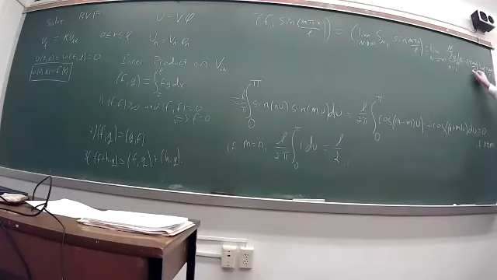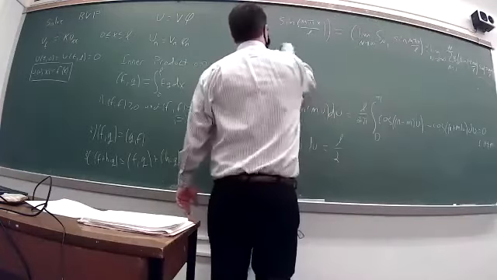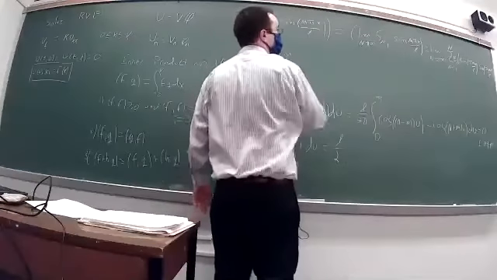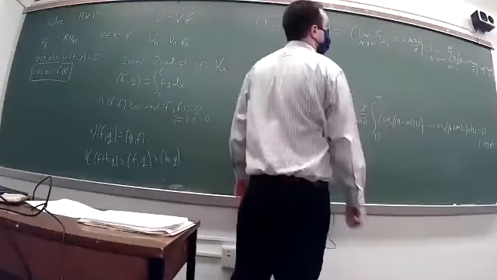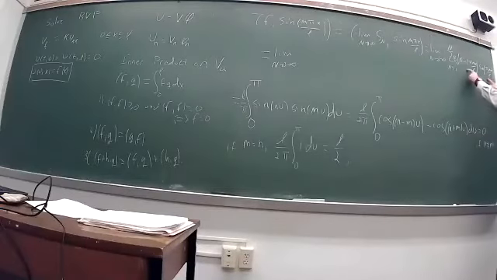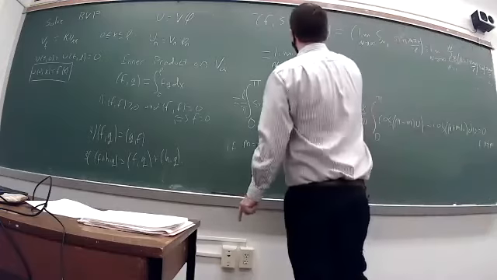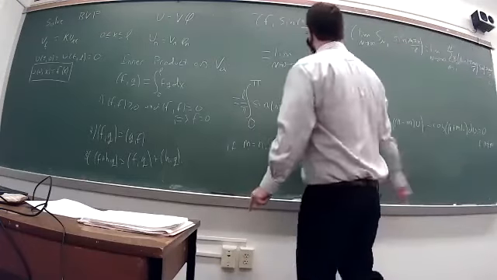But if I do this now, I recognize that this is 0 unless n is equal to m. And so what I'm left with is the limit as n goes to infinity of, well, there's only one term here, right? So it's b sub n, and then when these two are both equal to n, I get L over 2. So I get L over 2 b sub n.